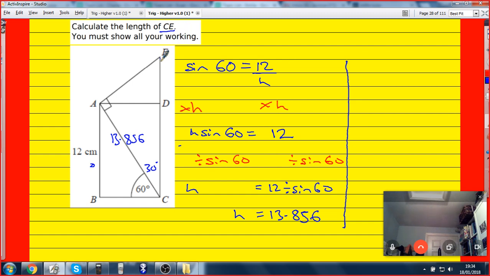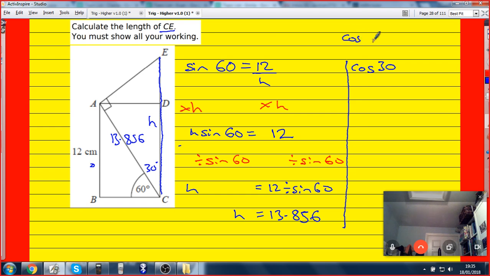So that's the H, and then we have the A. So then we use cos 30, O over H.